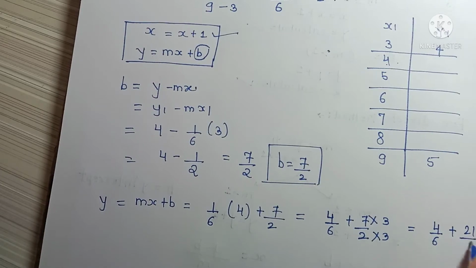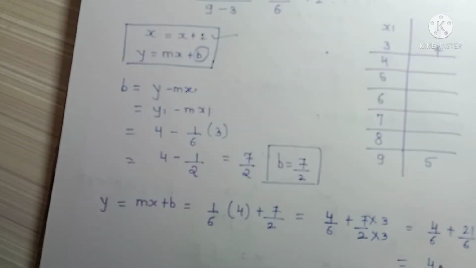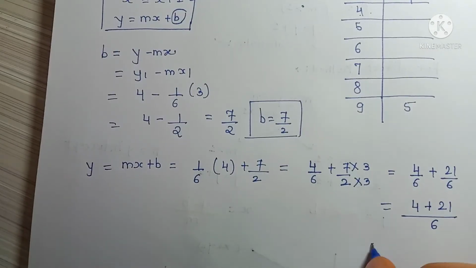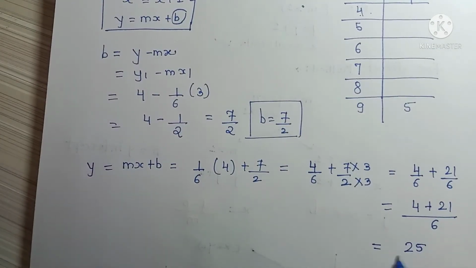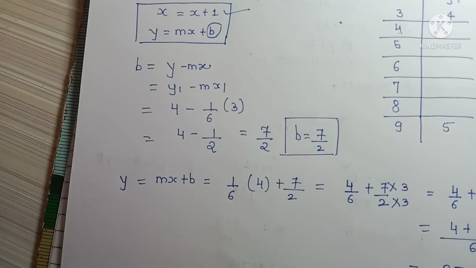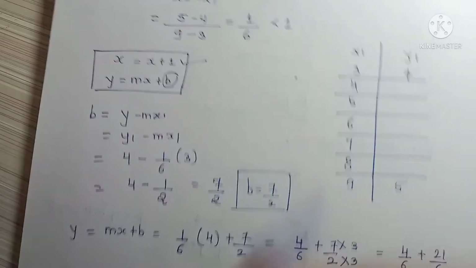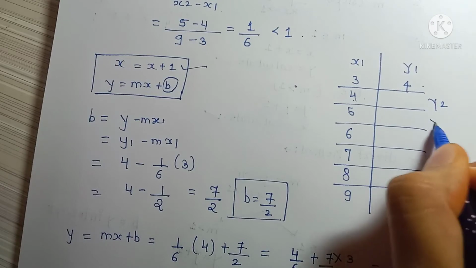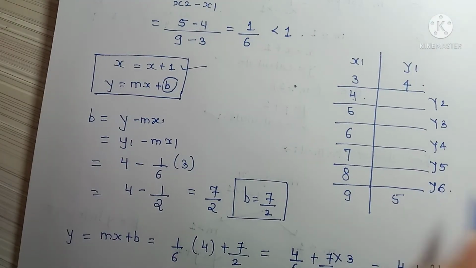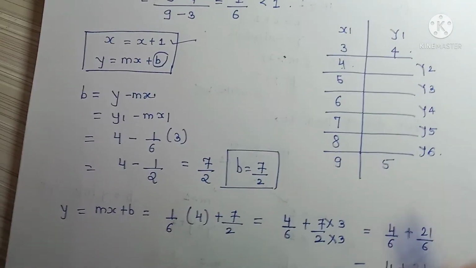Plus 21 upon 6. 4 plus 21 upon 6 is equal to 25 upon 6. Next, this is y1, y2, y3, y4, y5, y6. Let us consider this.